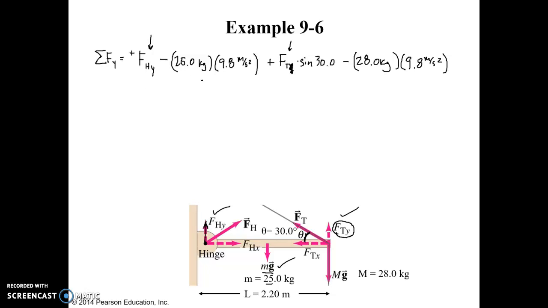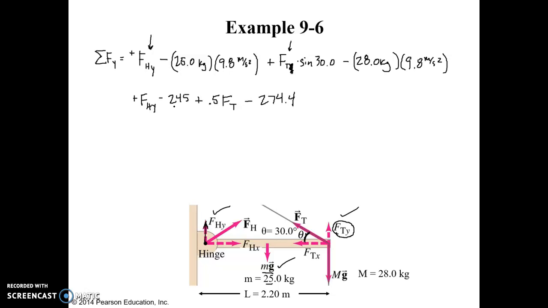So for instance, 25 times 9.8 is 245. So we can make this FHY, positive FHY, minus 245, plus sine of 30 is 1/2, so that becomes plus 0.5 FT, minus, and then 28 times 9.8 is 274.4.